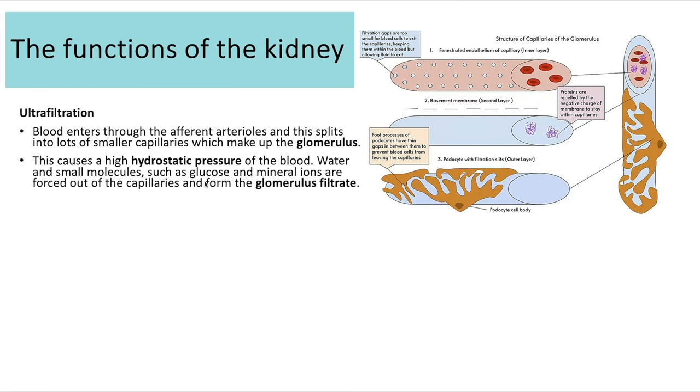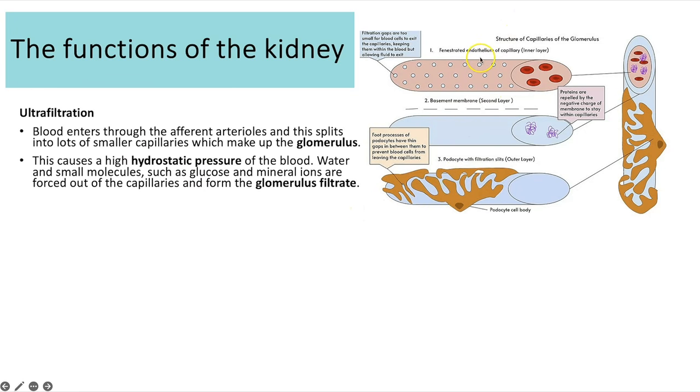So you've now got the same volume of blood, but in a smaller space. And that hydrostatic pressure is what causes the water and small molecules such as glucose, mineral ions, and urea to be forced out and form the glomerular filtrate.